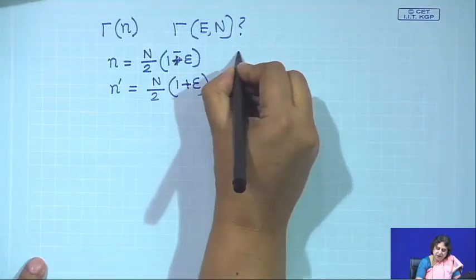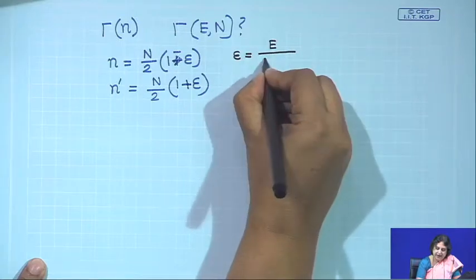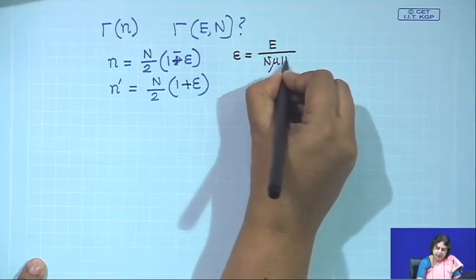Epsilon by definition is given by E, the total energy, divided by capital N mu h.